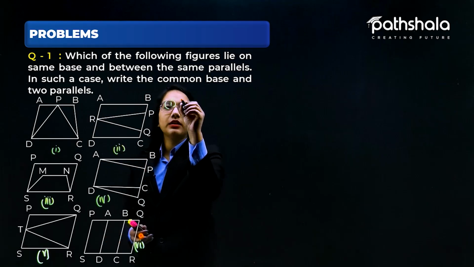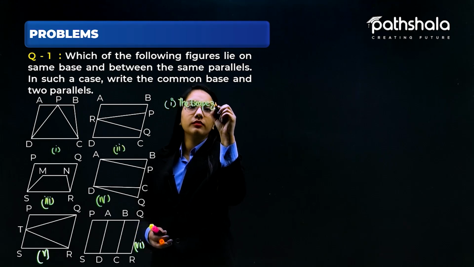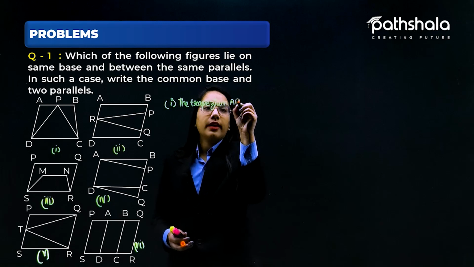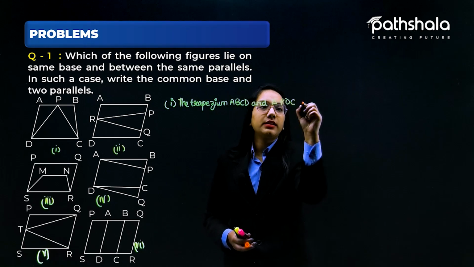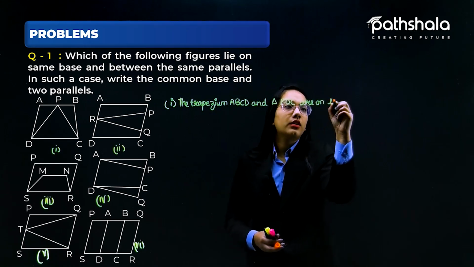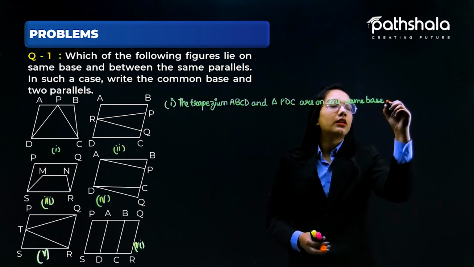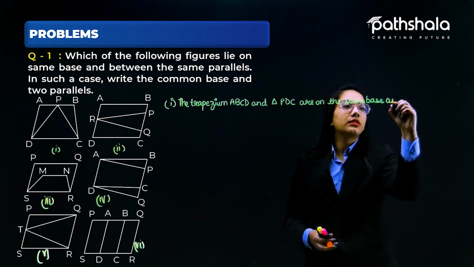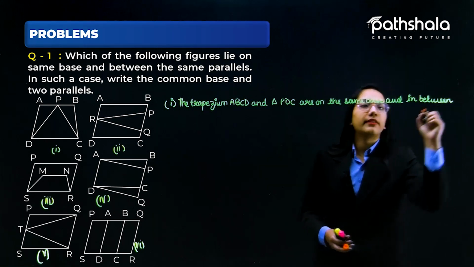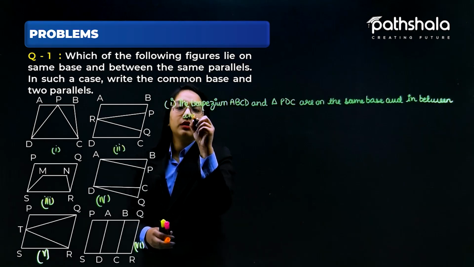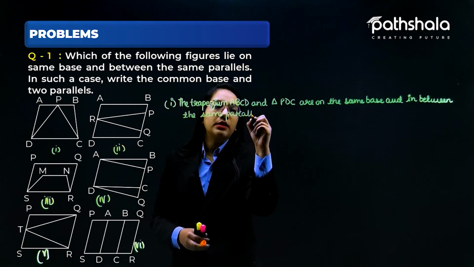So we can say that the trapezium ABCD and triangle PDC are on the same base and in between the same parallels.